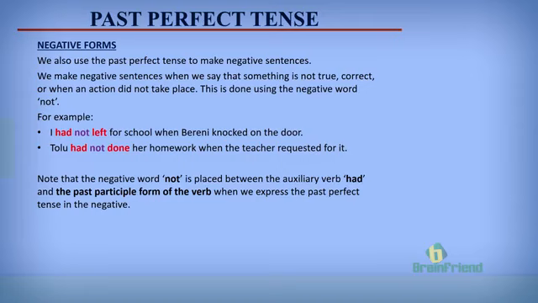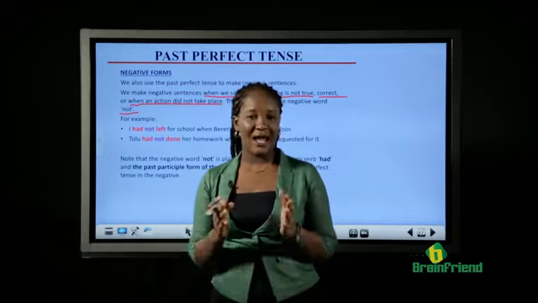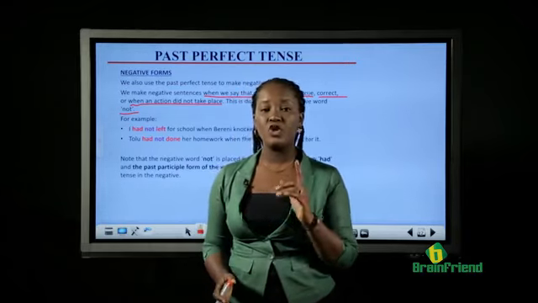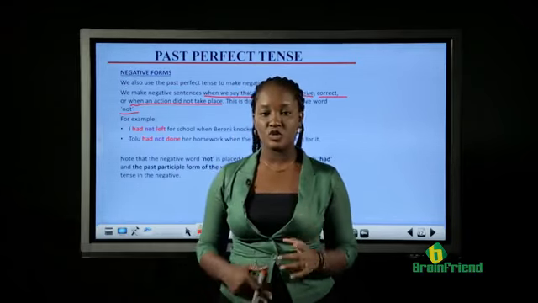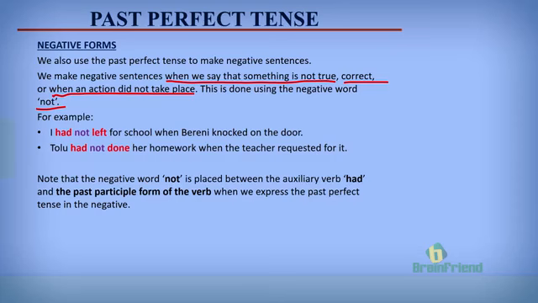Now, we make negative sentences when we say that something is not true or correct, or when an action did not take place. And this is done using the negative word not. When we mean to say that something is not true or not correct, or that an action did not happen, we use the negative word not to express this. And we can make negative sentences in the past perfect tense, which is our focus for this slide.